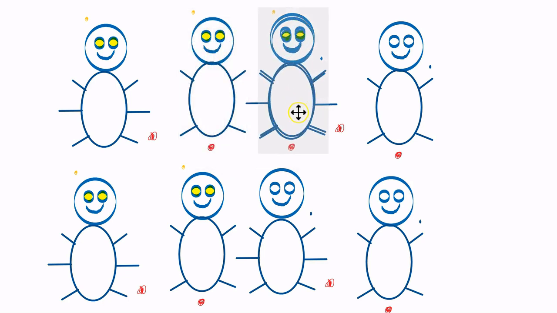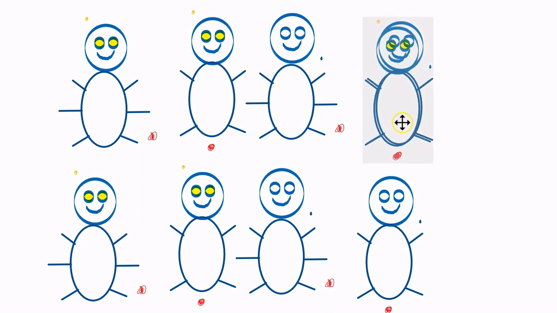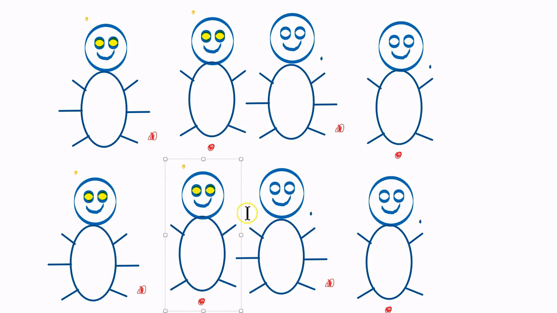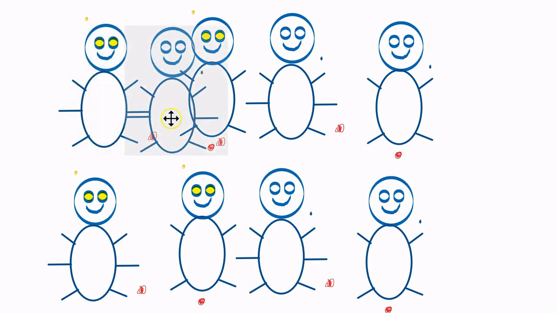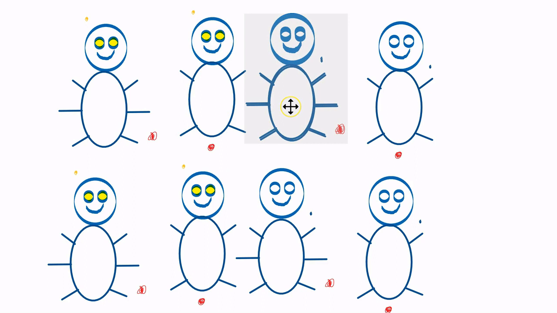And now it's yellow and 6 and yellow and 4. And then we check the next one out. We can see that it's yellow and 6 and that it's yellow and 6.